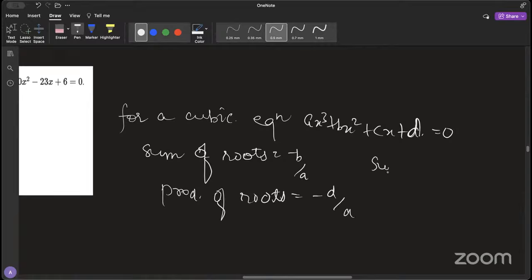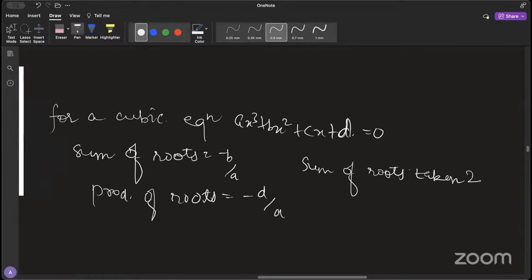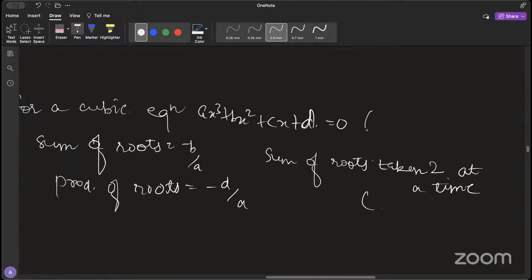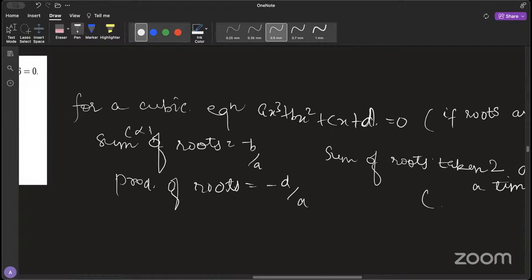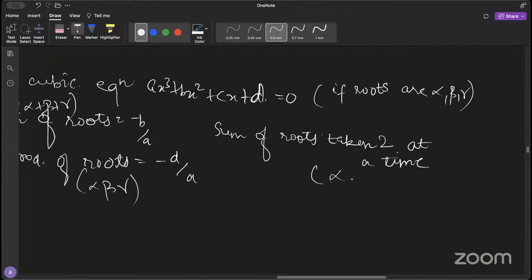And the sum of roots taken two at a time is c by a. Taken two at a time simply means that if the roots are alpha, beta, gamma, then the sum of roots, alpha plus beta plus gamma, is minus b by a. The product of roots, alpha beta gamma, is minus d by a. And the sum taken two at a time is alpha beta plus beta gamma plus gamma alpha, which should be c by a.